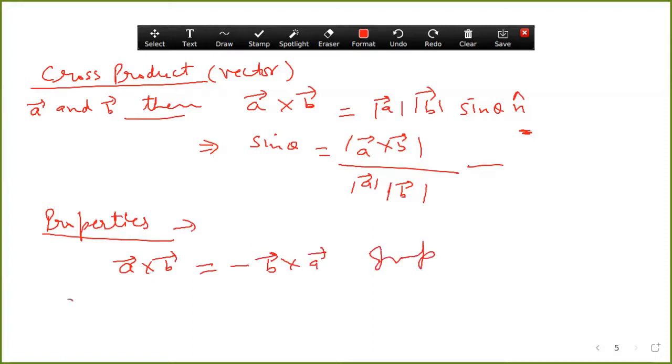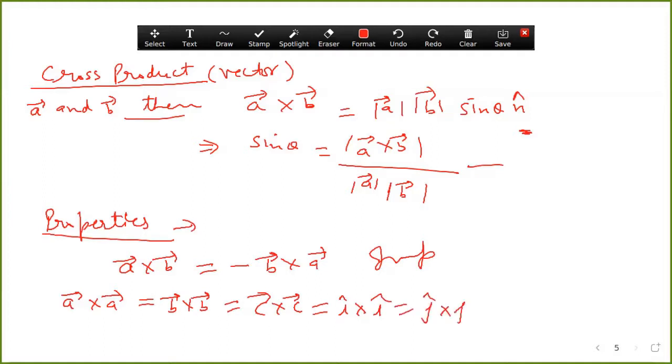Second one, if two same vectors are crossed, then that is always equal to 0. Or you can say it for the unit vectors also, you can write like this, and that will be equal to 0 vector.